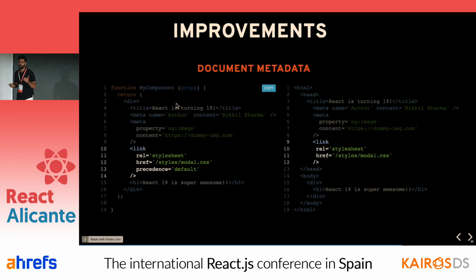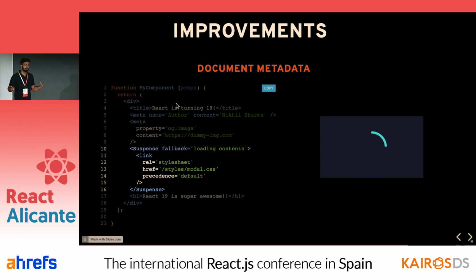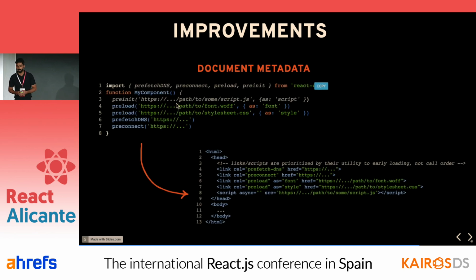In case you're loading style sheets, you can combine this again with the Suspense block. Give it a loading state, and it's going to suspend your component while the resources are loading, and you get the component's data by the time this resource loads, which is good. Also, in case you are loading resources using prefetch, preconnect, React 19 even offers you these functions itself.